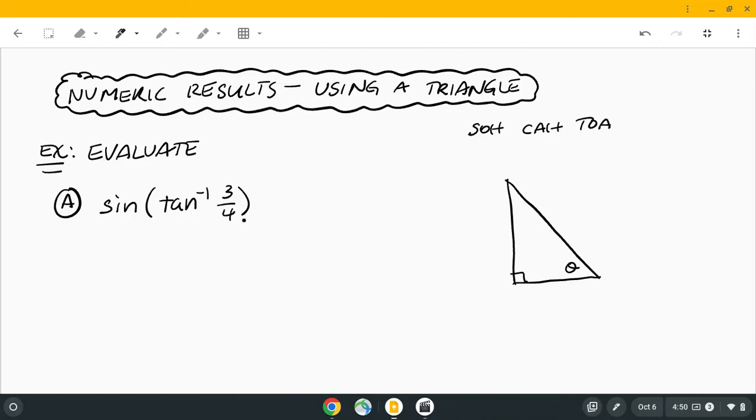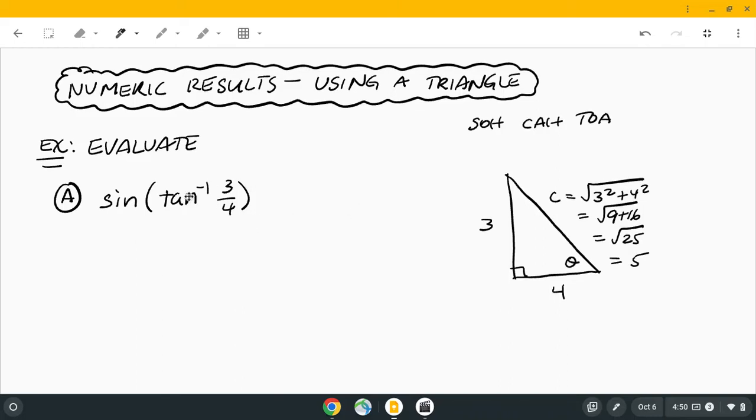And then, using the Pythagorean theorem, I can solve for this side. 3 squared plus 4 squared, you should know this is one of our basic triangles, but I'll work out the problem anyway. So we get 5 for that side. Tangent inverse is the angle such that the tangent is 3 over 4, so that angle is just theta.